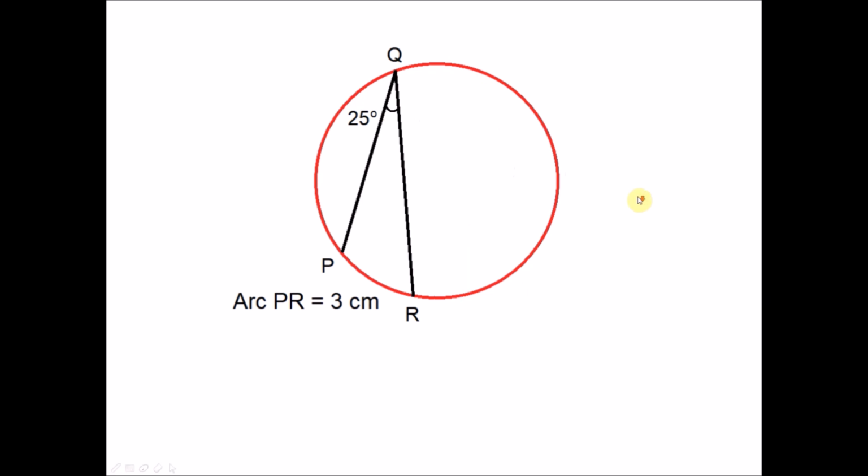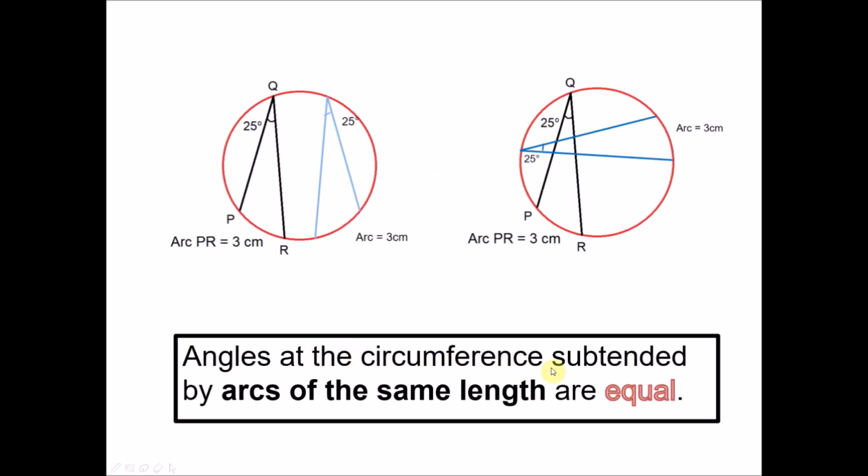If we try again, now we draw another angle with an arc which is the same as 3 centimeters here. Then we measure the angle here, and we find that this is also 25. So from these two examples, we can conclude that angles at the circumference subtended by arcs of the same length are equal.